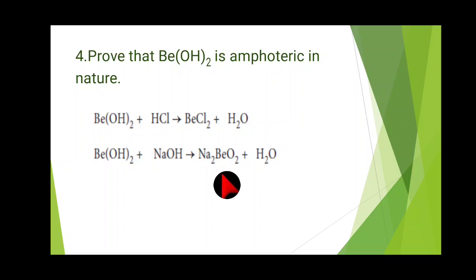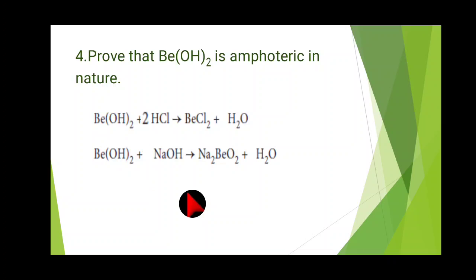You will find these two equations are unbalanced, so make them balanced. Beryllium: left side 1, right side 1. Chlorine: left side 1, right side 2. Now 2 HCl, so chlorine is balanced.